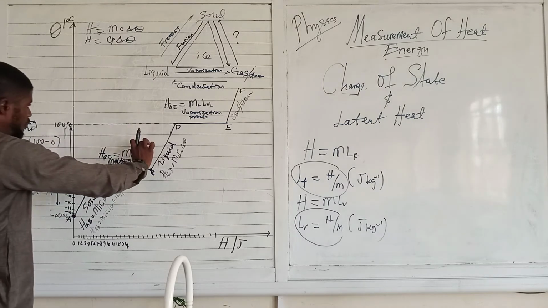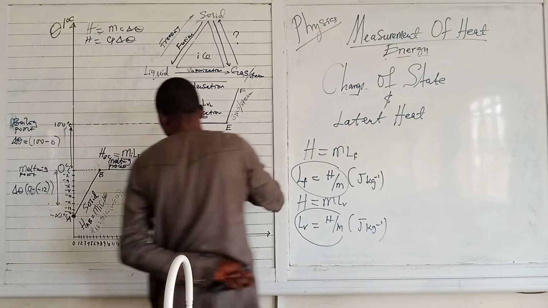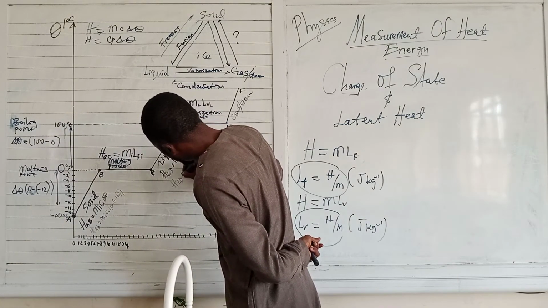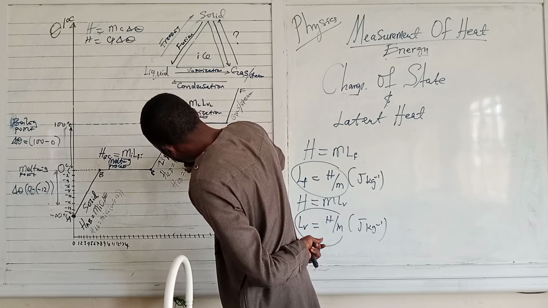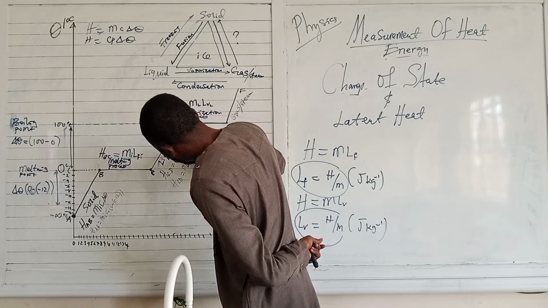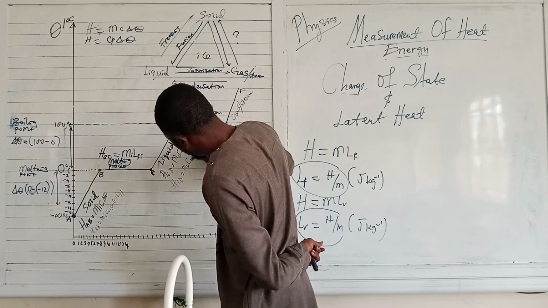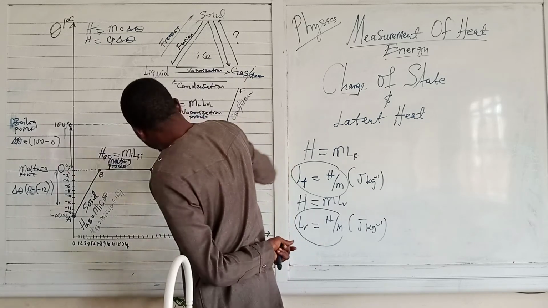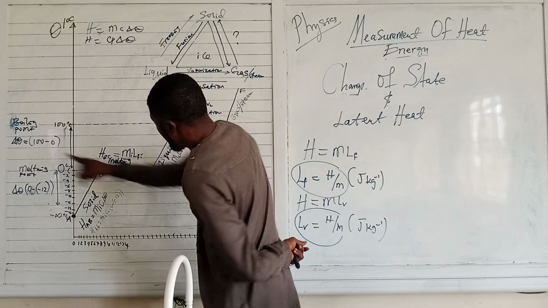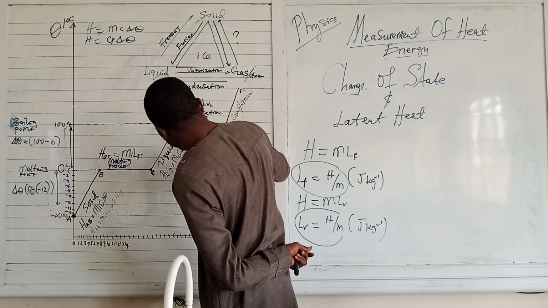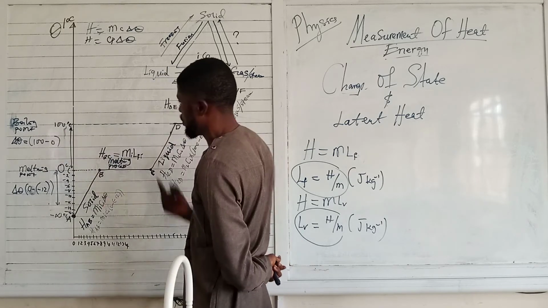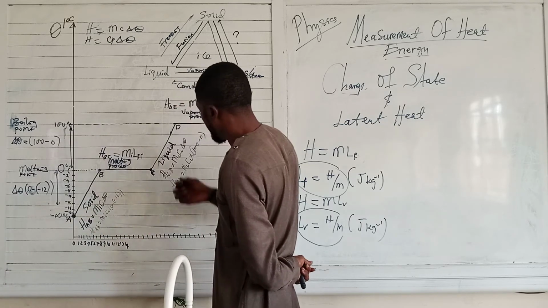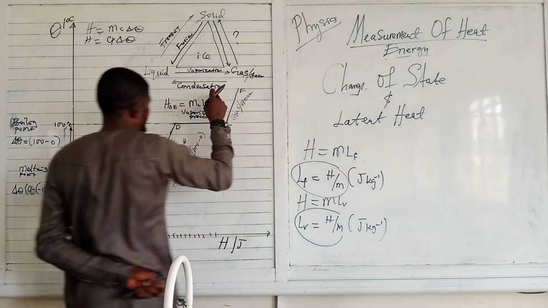That is why you don't have temperature here. Back here, you may write that your HCD is equal to mass of liquid times specific heat capacity of liquid times the change in temperature, which is 100 minus 0 degrees in this case. It could be 90 minus 0, or 80 minus 0, or 5 minus 0 degrees, as the case may be.